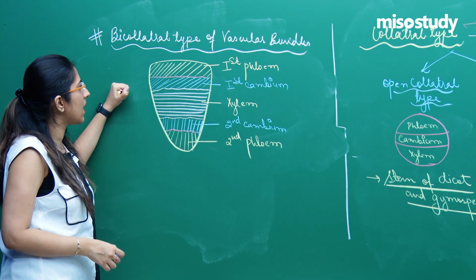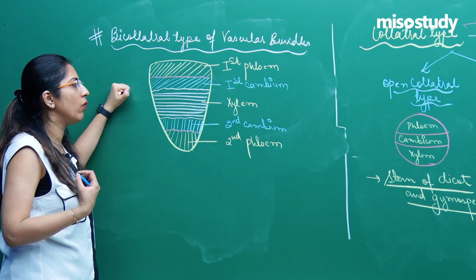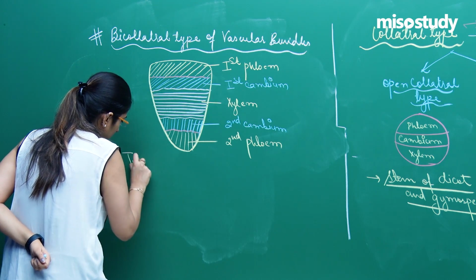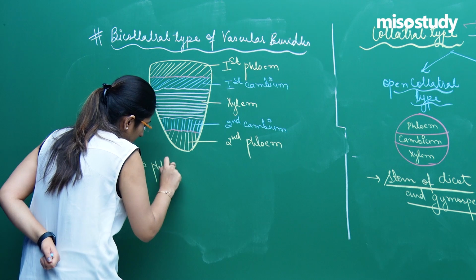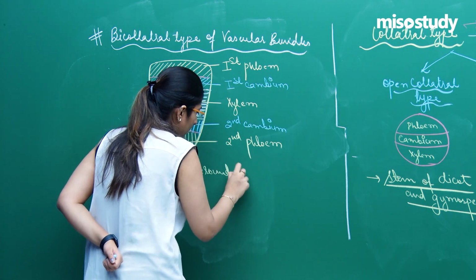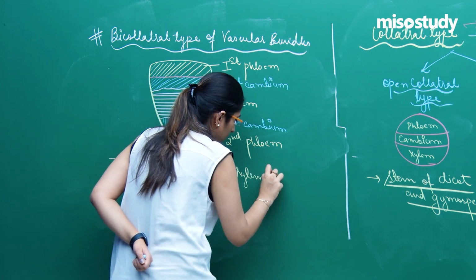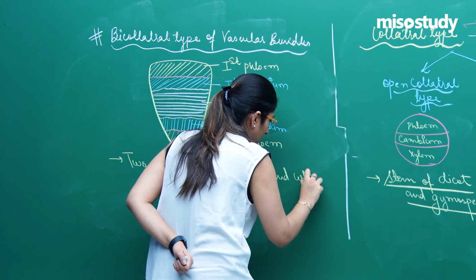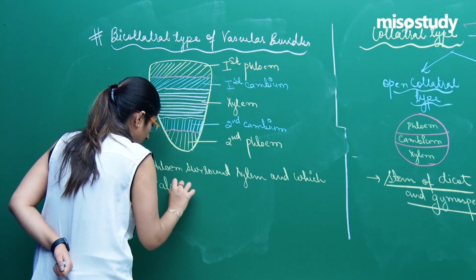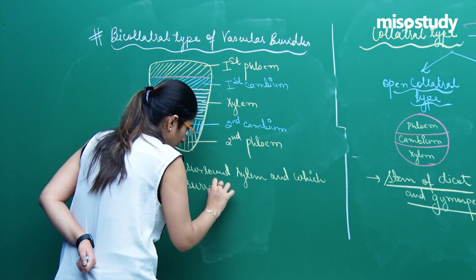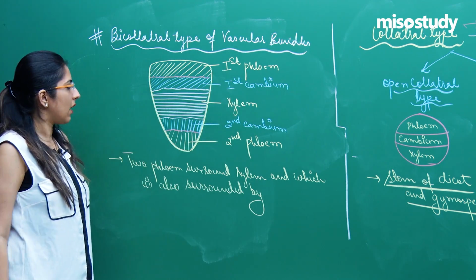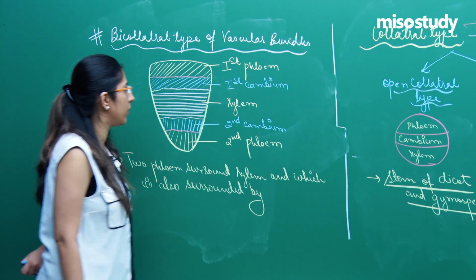In this, two phloem surround the xylem, which is also surrounded by cambium.